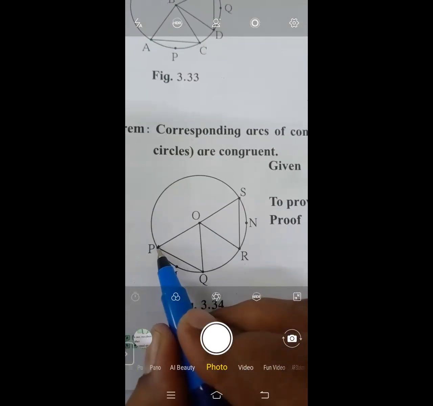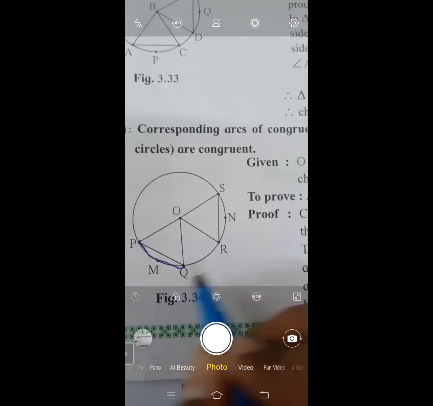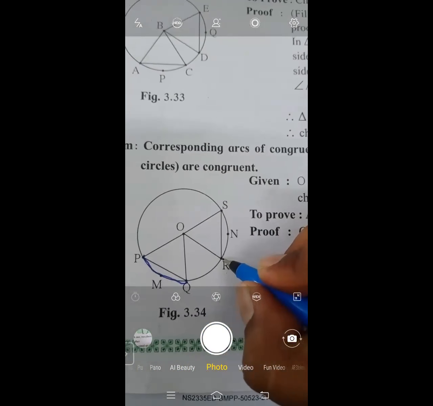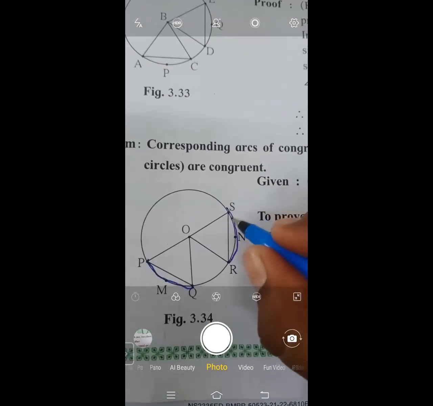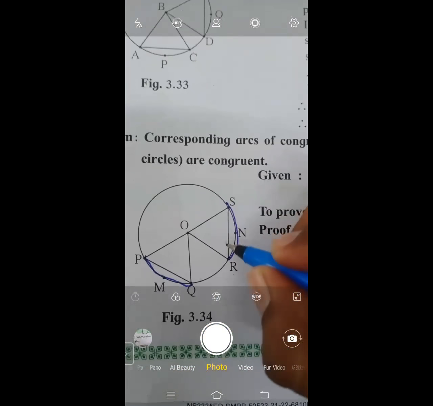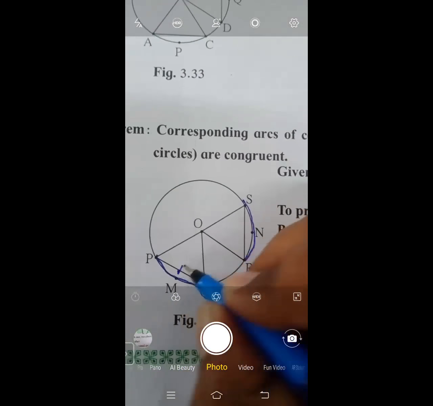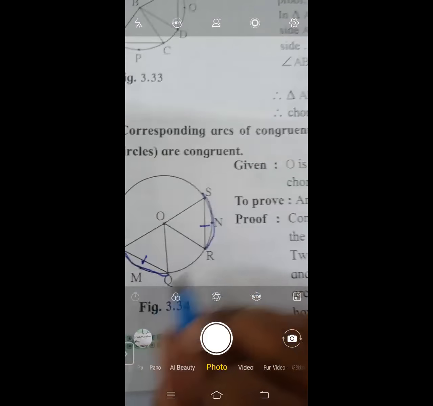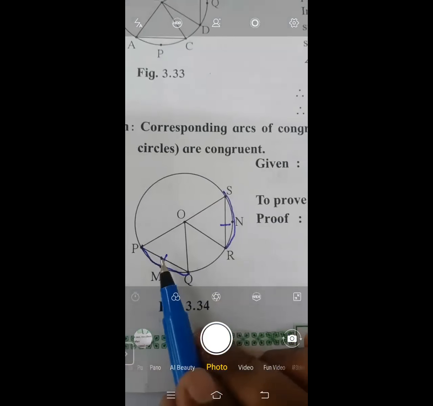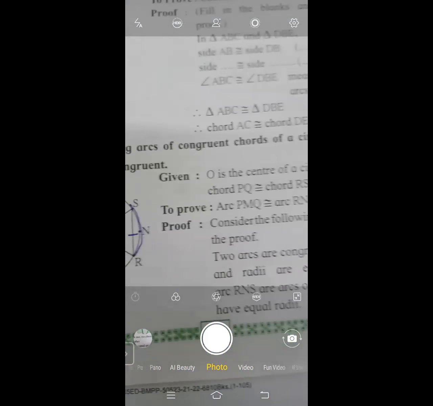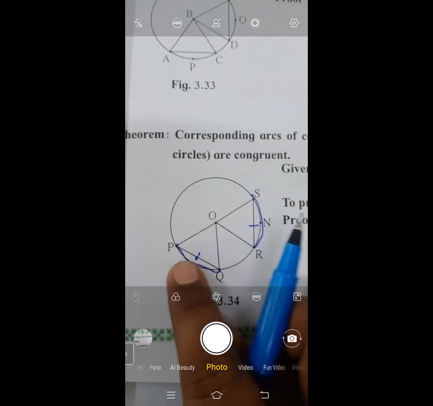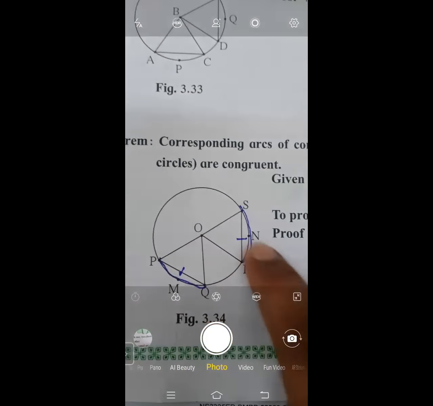This is the arc PMQ and this is the arc RNS, and the chords are congruent. I will mark these chords with the same signs so that we know they are congruent. Again, you can see that two triangles are formed over here.